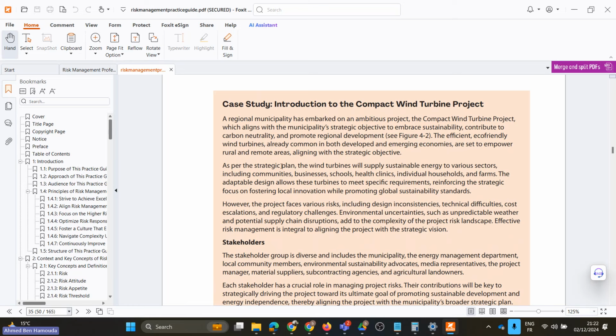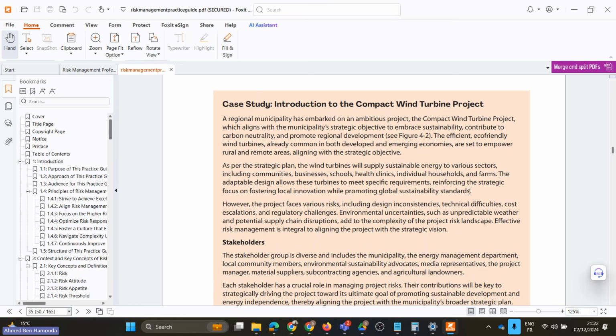As per the strategic plan, the wind turbines will supply sustainable energy to various sectors, including communities, businesses, schools, health clinics, individual households, and farms. The adaptable design allows these turbines to meet specific requirements, reinforcing the strategic focus on fostering local innovation while promoting global sustainability standards.